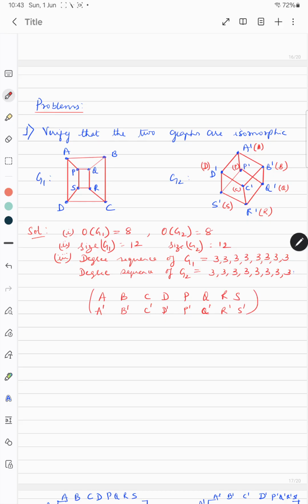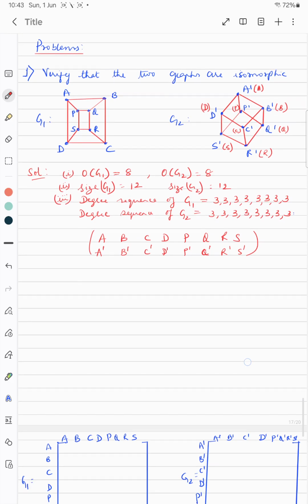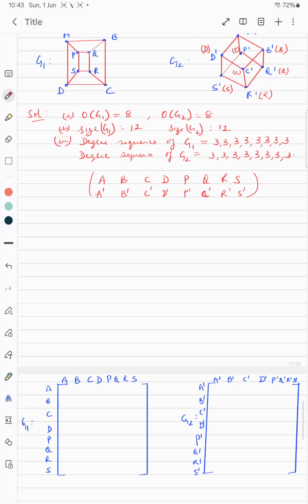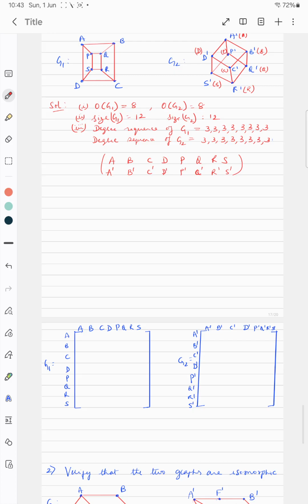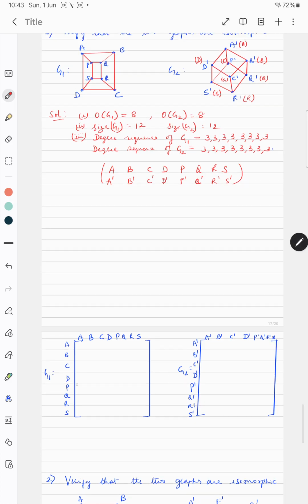Now, how to see one-to-one correspondence between the edges? You can easily verify whether the correspondence is correct or not with the help of the adjacency matrix. Now we have the G1 and G2 matrices.